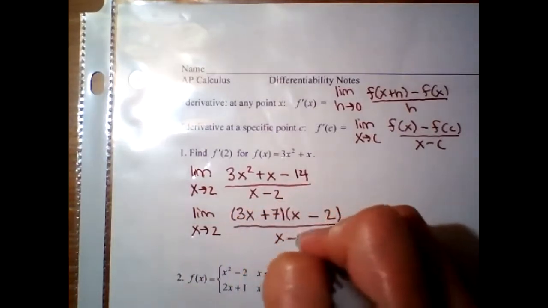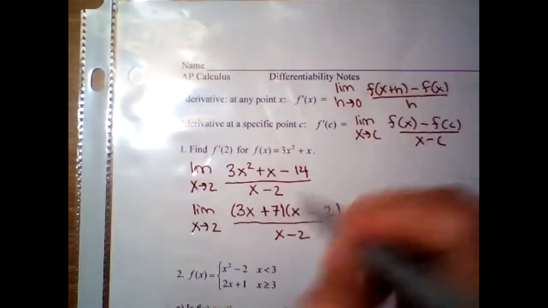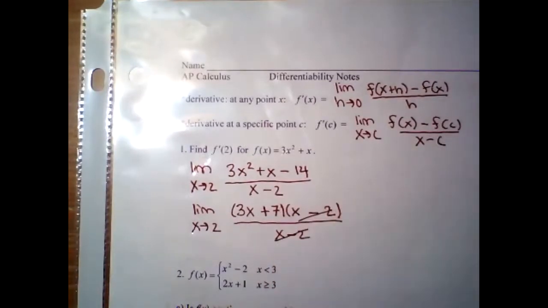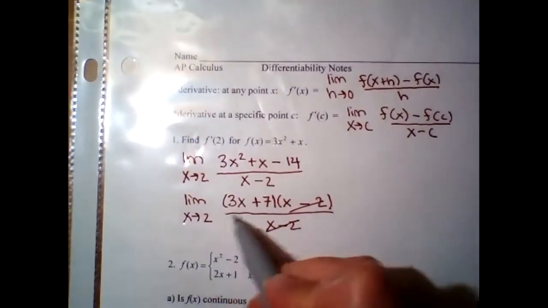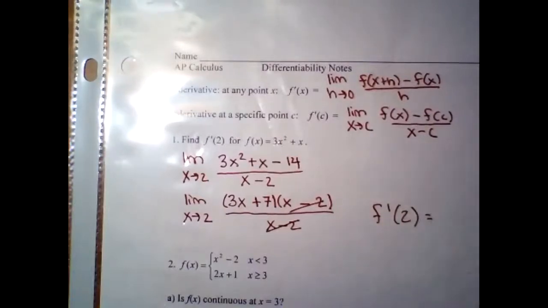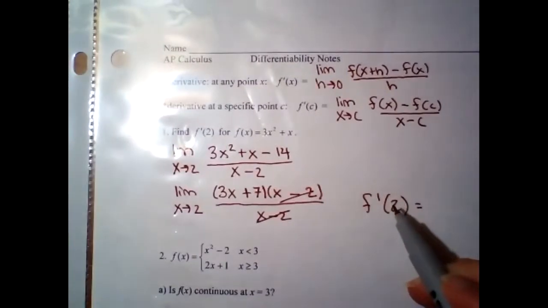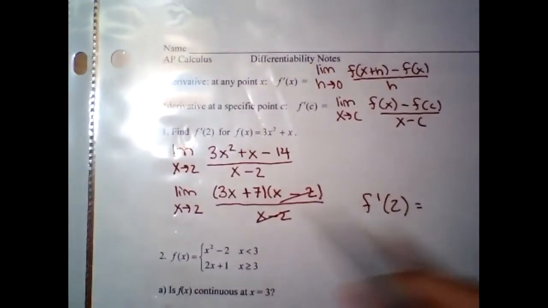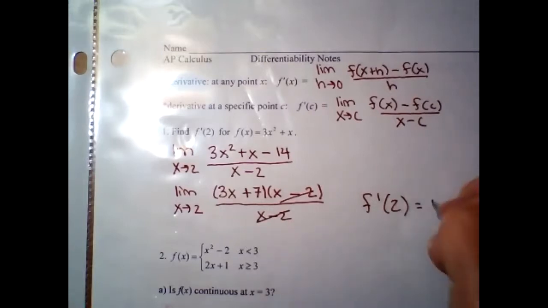And one of those factors was going to have to be x minus 2 so that we could get these to cancel. And once we do, then we can plug in 2 and get our answer. Now, it's not f prime of x that we're finding, it's specifically f prime of 2, just the derivative at that one place. So if I plug in 2, 3 times 2 is 6, plus 7 is 13, and that's our answer.